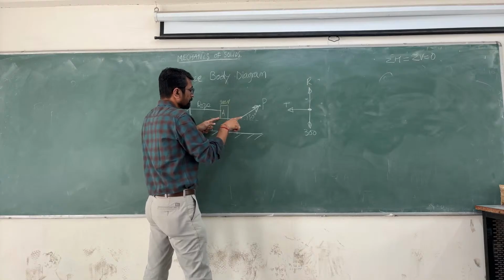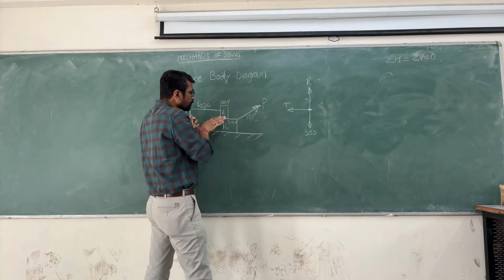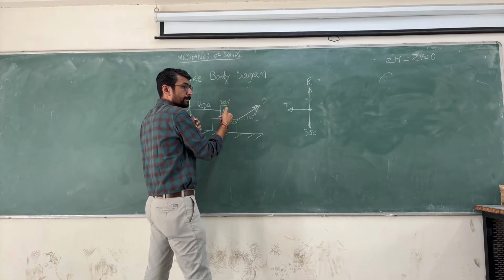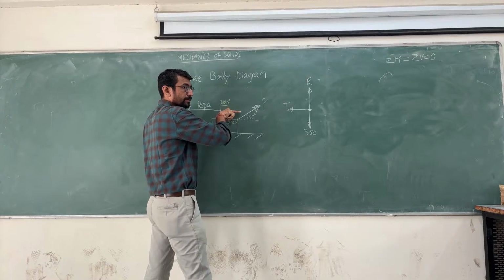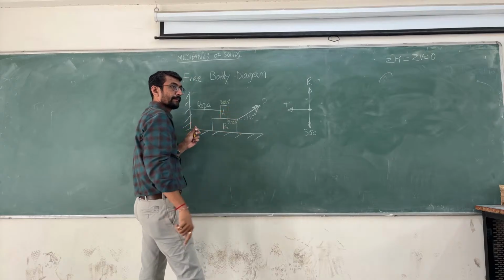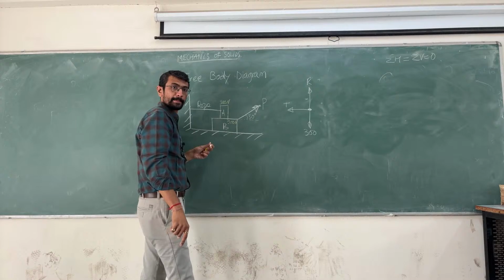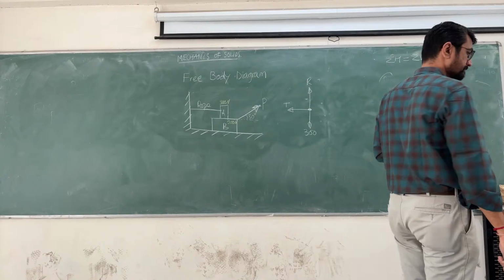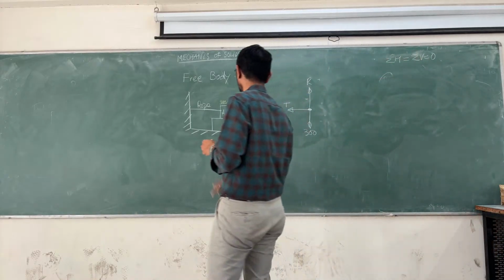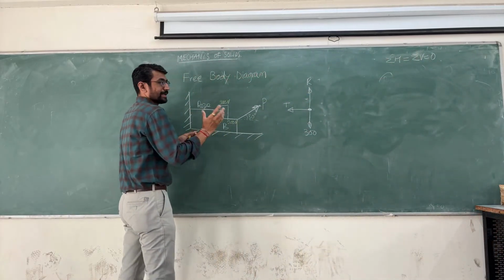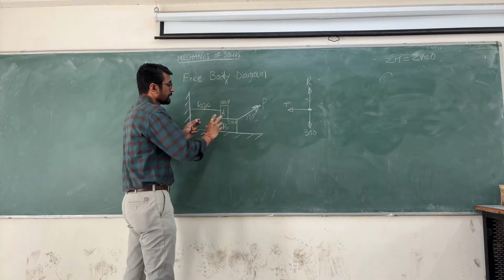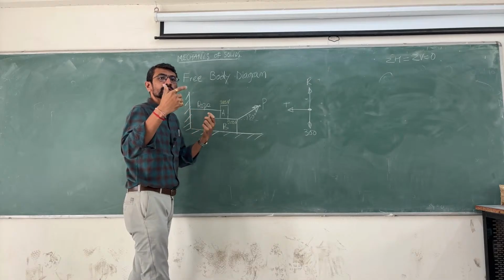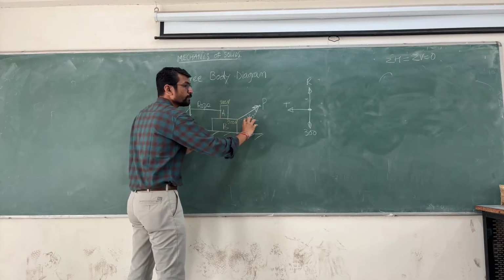So block B is trying to move in this direction, so friction of this will be... Imagine, suppose the system is not in equilibrium, this will move in this direction.